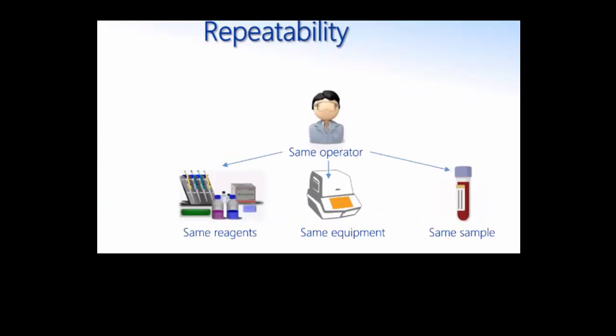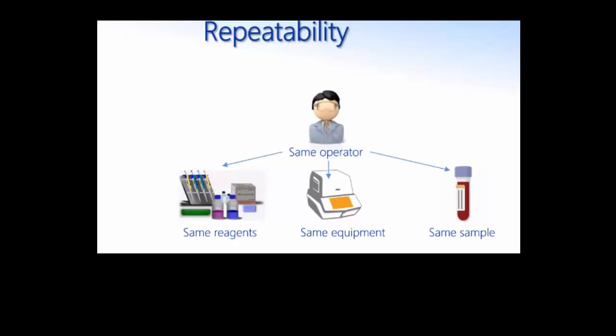To illustrate this more clearly and to repeat it once again, we have one operator performing the test using the same reagents on the same equipment on the same sample. And if you remember from the previous talks, we always refer to standardized or referent sample material, for which we already know the quantity of the analyte that should be tested.